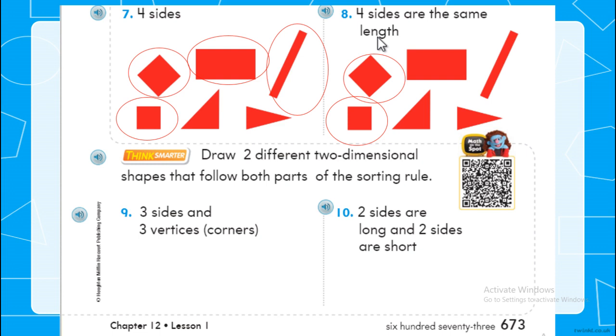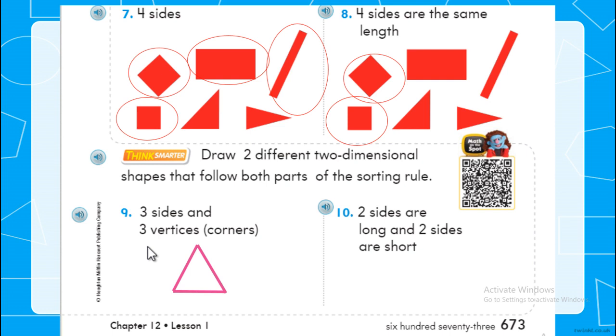Draw 2 different 2-dimensional shapes that follow both parts of the sorting rule. In number 9, we have 2 rules, 3 sides and 3 vertices. Which shapes have 3 sides and 3 vertices? Let's try to draw. This is the first side, the second side, and the third side. Now I draw a shape that has 3 sides.